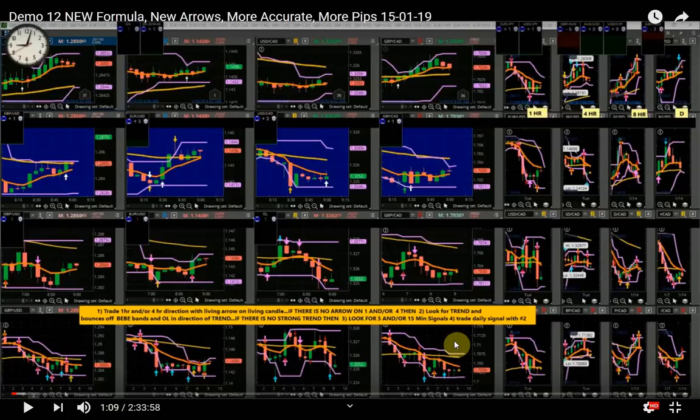Then if there's a bounce somewhere, and it goes back up a bit, and it looks maybe on the 5-minute chart, if it bounces back up to the orange line, and then it looks as though it's going to go down again with the trend, then I will take 2 trades again at 10 pips. So I'm getting as much as I can out of each pair.